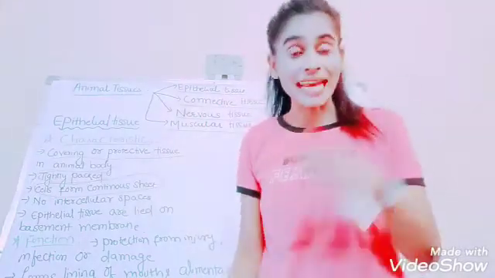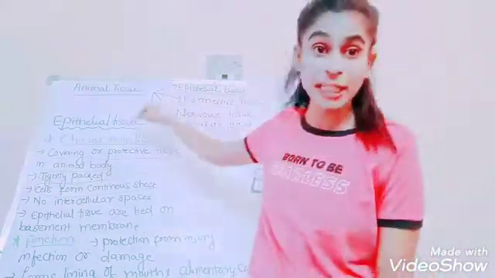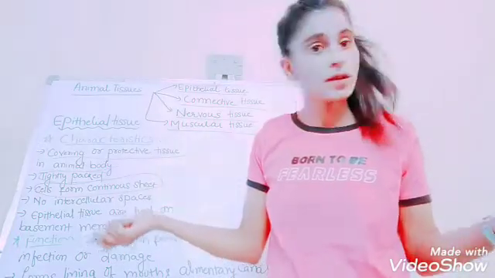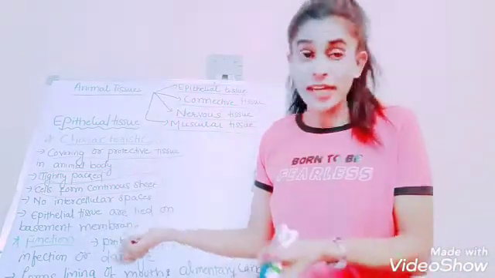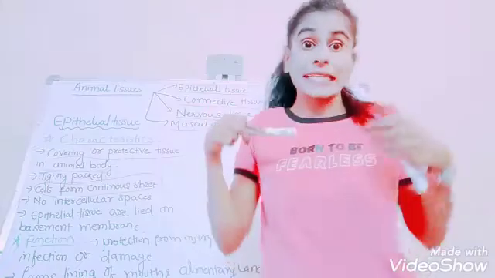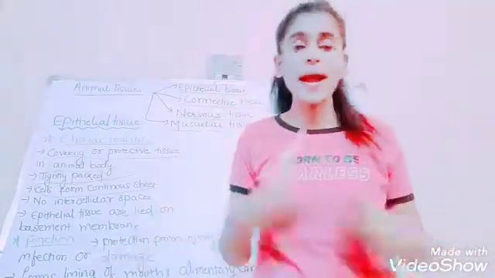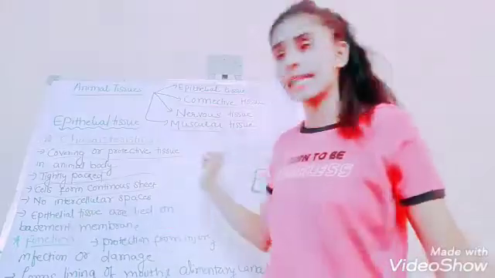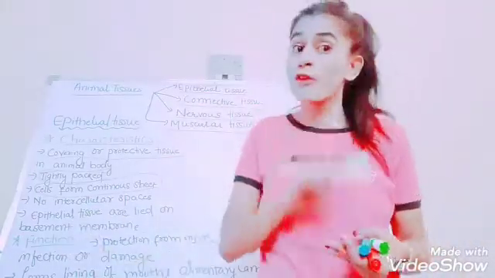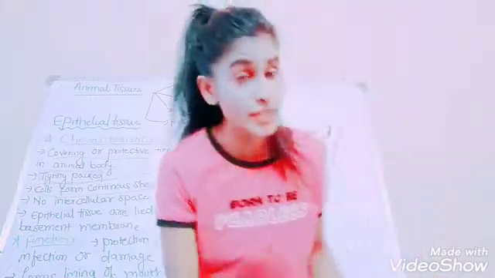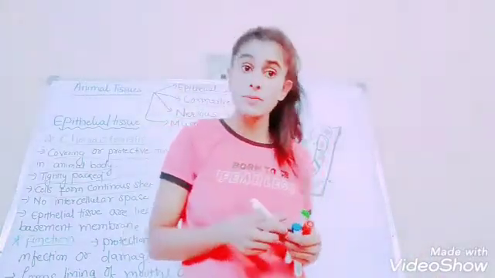Got it? What characteristics do these epithelial tissues show? The very first thing is that it is a covering or protective tissue. It provides protection, a covering to the internal structure of our body. Secondly, the cells are tightly packed, compactly packed, with no intercellular spaces. It forms a continuous sheet, and that sheet of cells is located on the basement membrane.